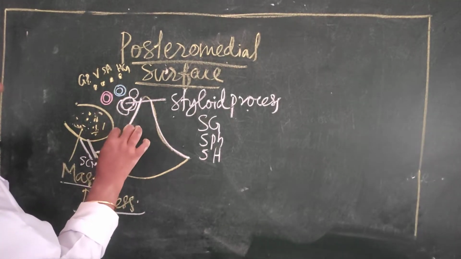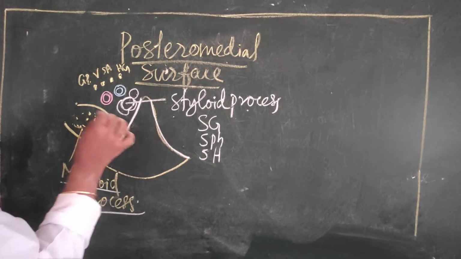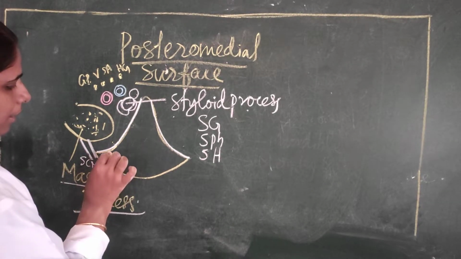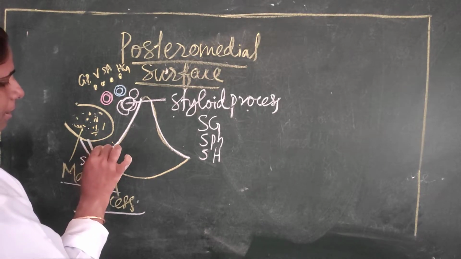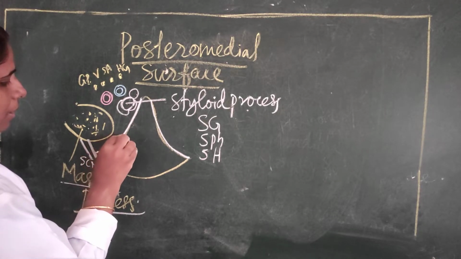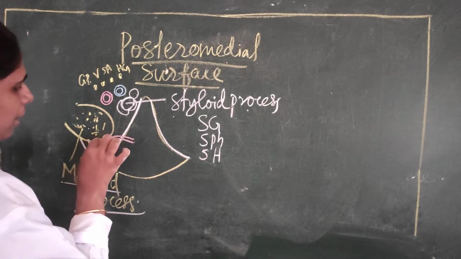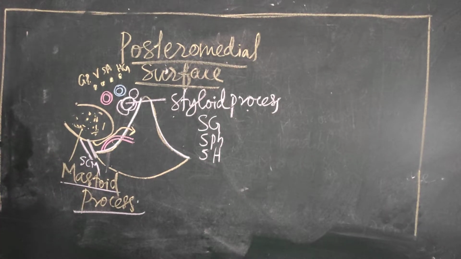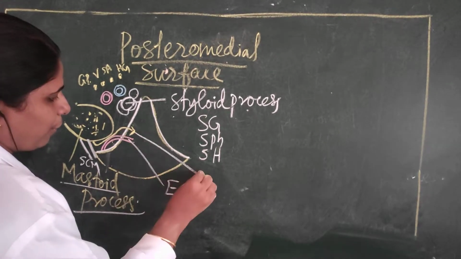And there are some structures entering into the parotid gland through the posteromedial surface. They are the external carotid artery and the facial nerve.